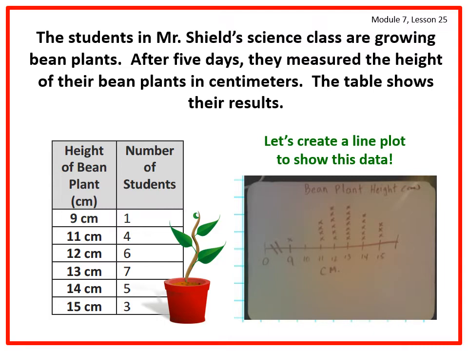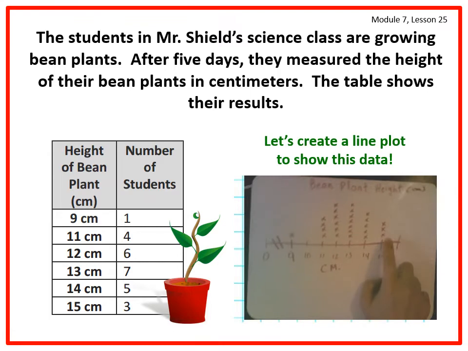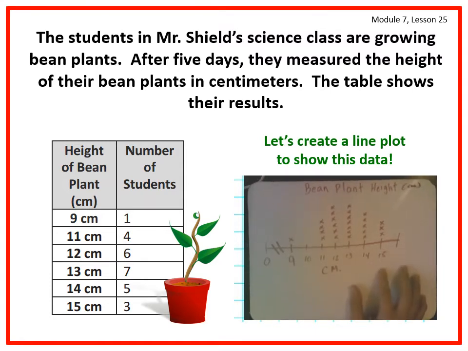Or maybe he put too much water so it didn't grow, or maybe he was forgetting to put water, or maybe he didn't put enough dirt. Yeah, and then this one over here, why do you think these guys have 15 centimeters? That's a long plant, right? Yeah, because they were probably putting a lot more water, or enough water, and it was growing just right.